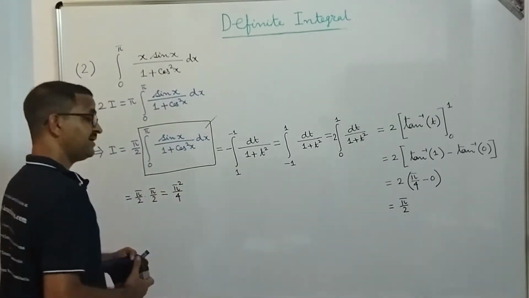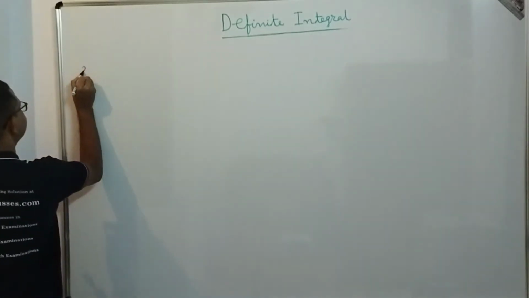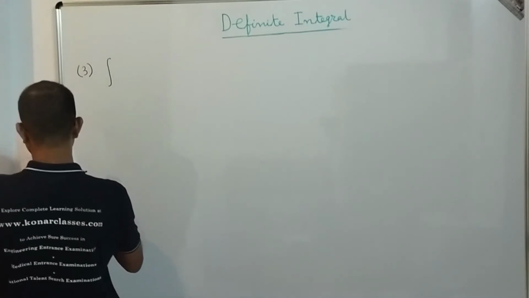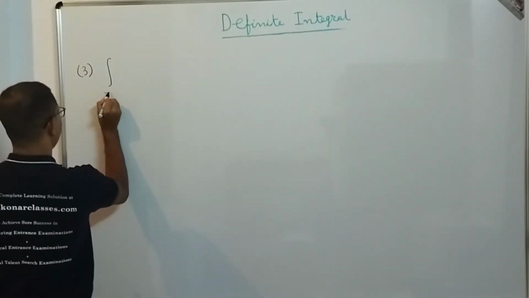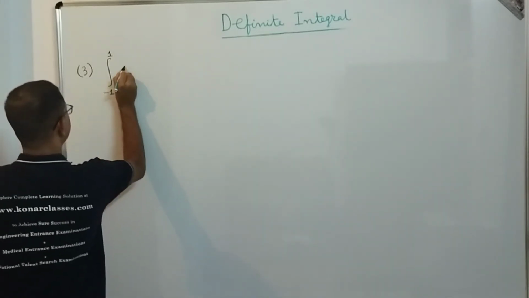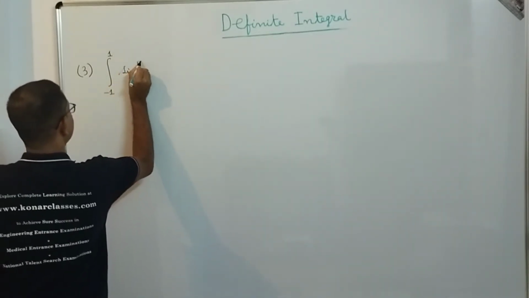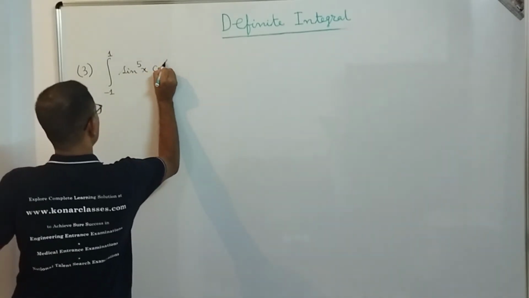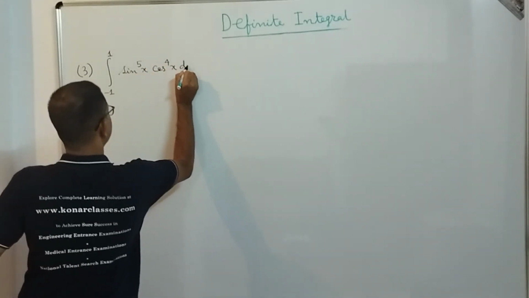Now let's proceed to the next question. Integration from minus 1 to 1 of sine to the power 5x into cos to the power 4x dx.